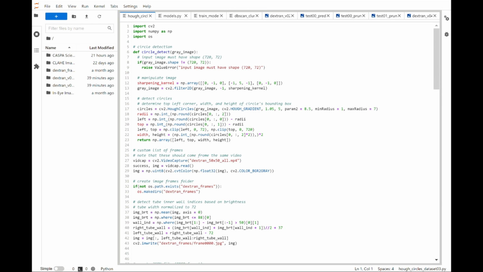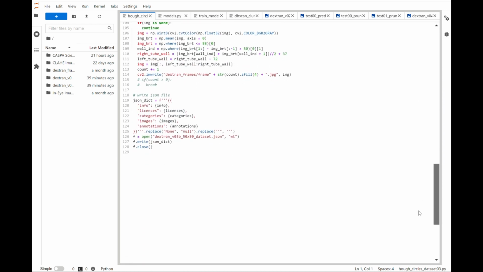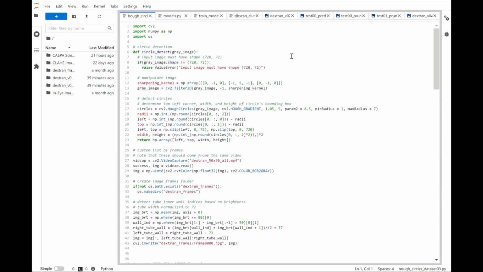This will be a brief explanation of my code and results. I have included the most important files of my project here. In this first file, I applied Hough circles onto many images and wrote my dataset. After that was training the Faster R-CNN model.